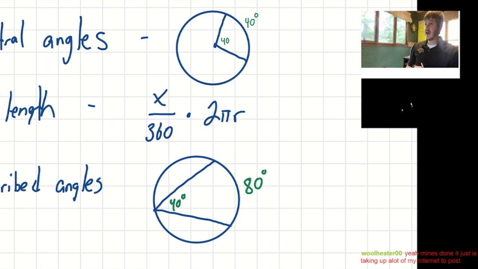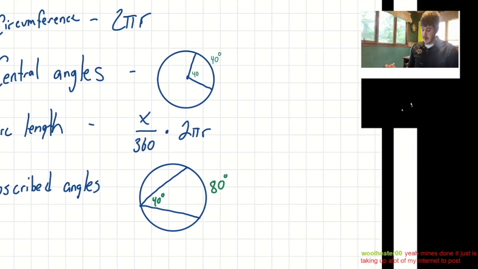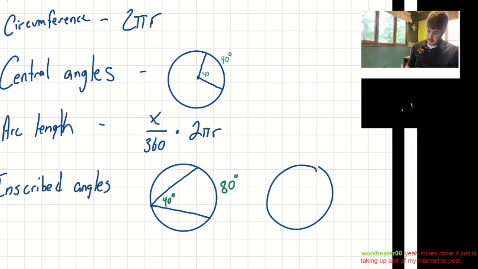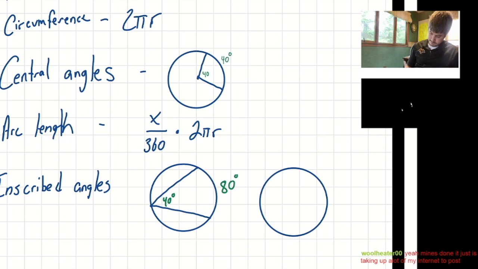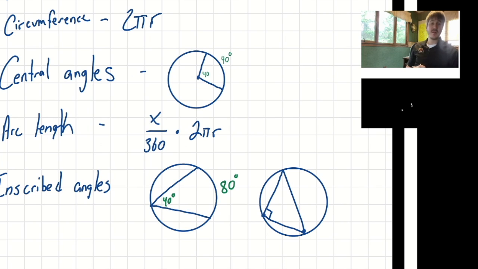And then we also had a special rule with inscribed angles: if I had a circle with a diameter, and the angle comes from here to here, that makes this a 90-degree angle. I bring that up because that comes up very frequently. That's a very important rule with inscribed angles, because this is a semicircle.